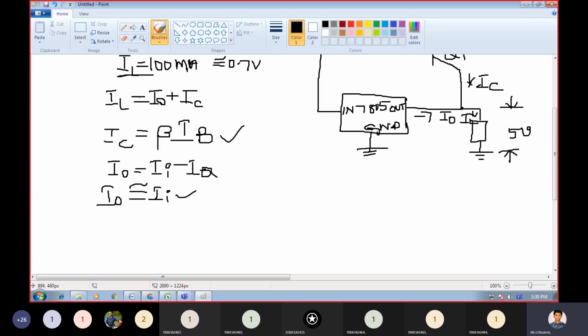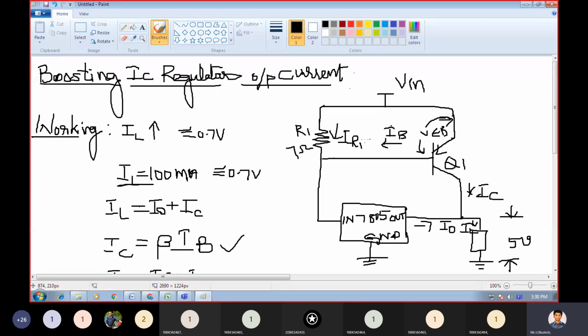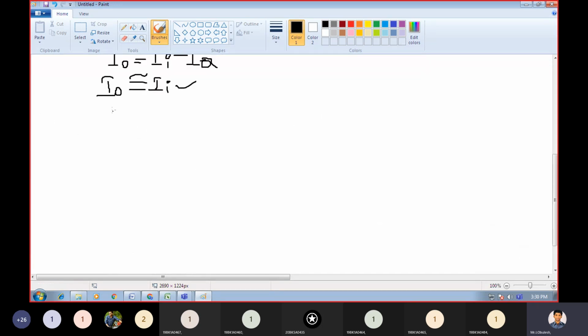So the II value is equal to IB plus IR1. Here only we are applying the input. You need to keep in mind this is the II, which means here we have the input current. The input current is equal to IB plus IR1.